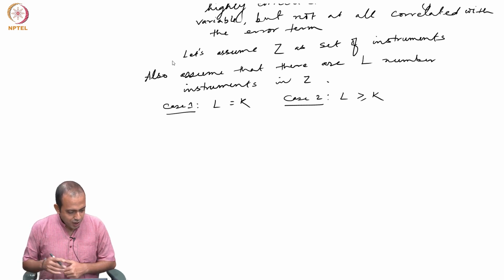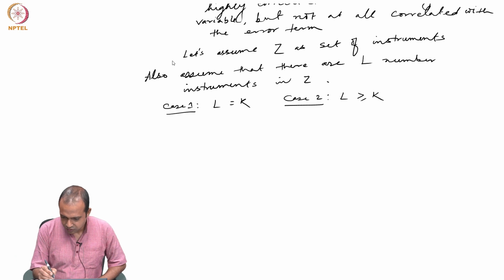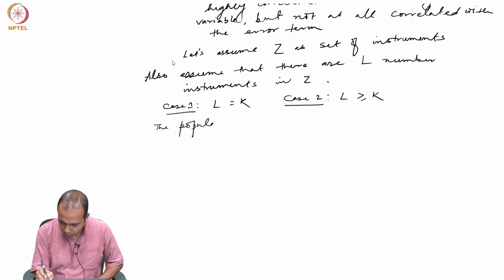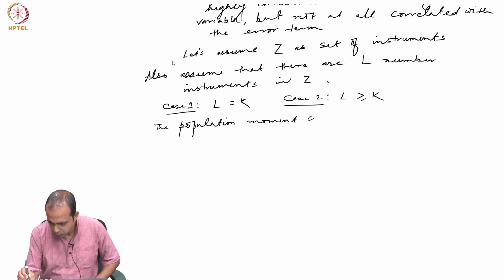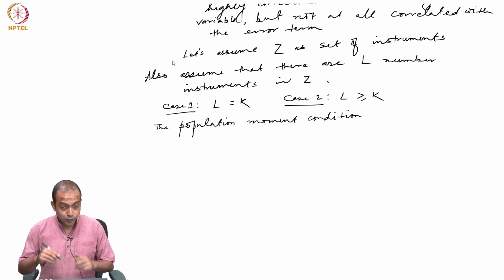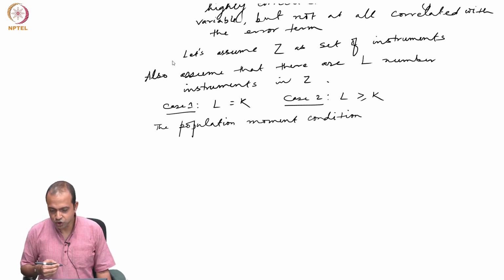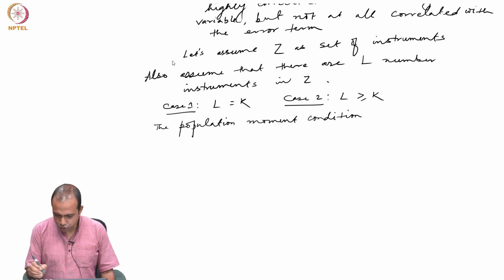Okay. Now the population moment condition, once again, when you have Z, when you are estimating this equation with the IV approach, what would be my population moment condition? Expectation of Zi Ui equals 0.